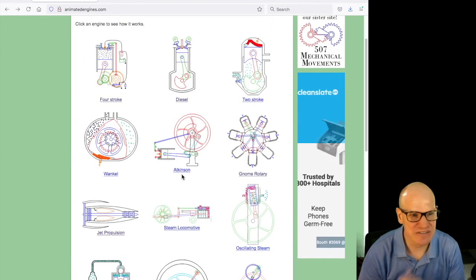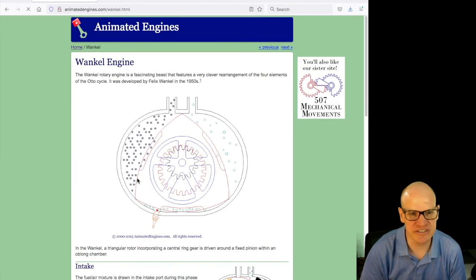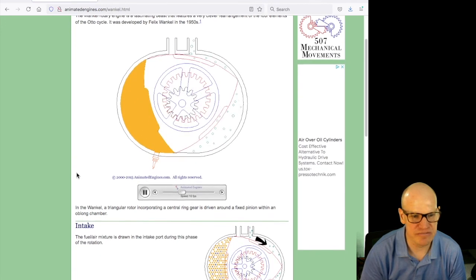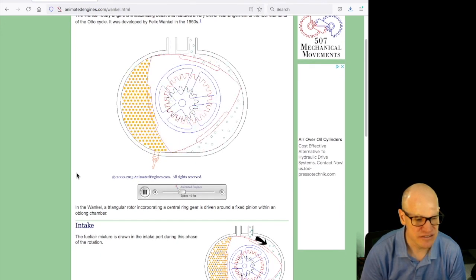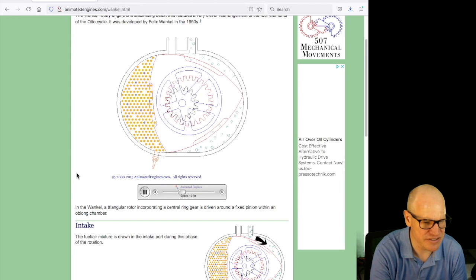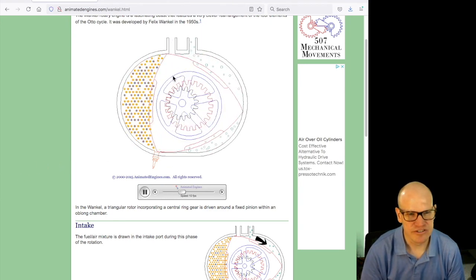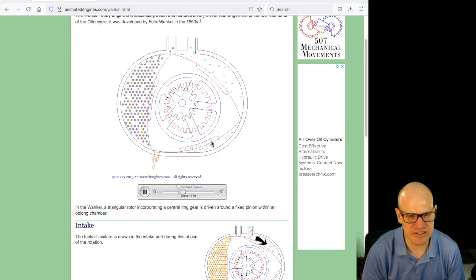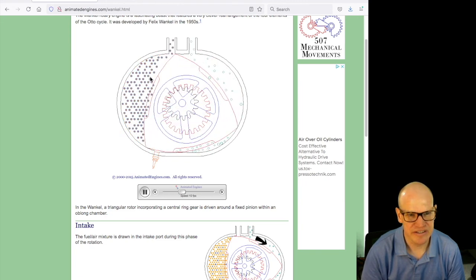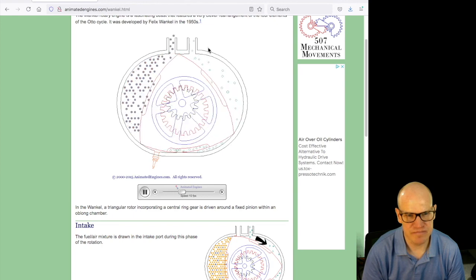Here's the Wankel engine. So the Wankel engine is this rotary thing. Is it Mazda? It's either Mazda or Mitsubishi that did this for a long time. So you're drawing air in, compressing it, causing it to expand, and then exhausting it. It's the same idea.